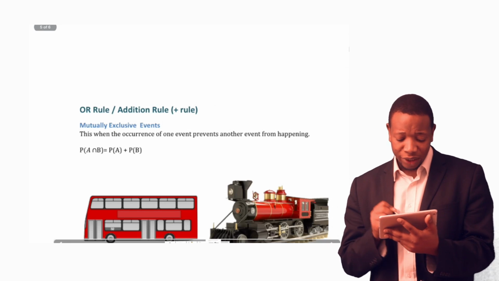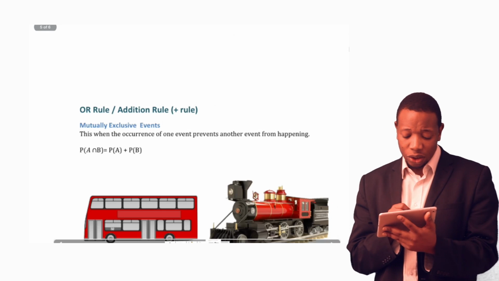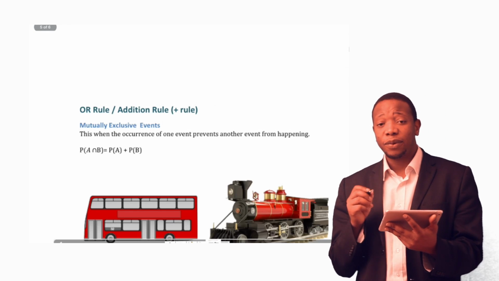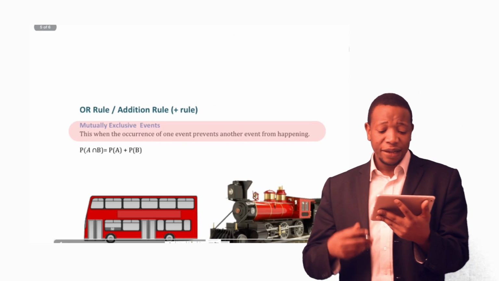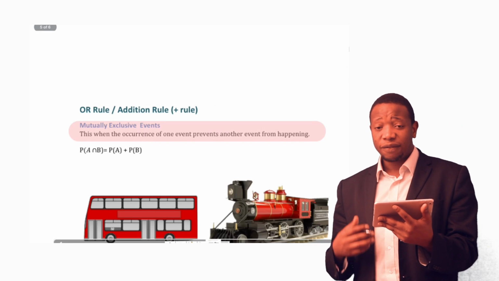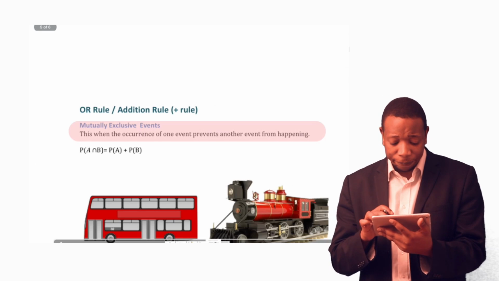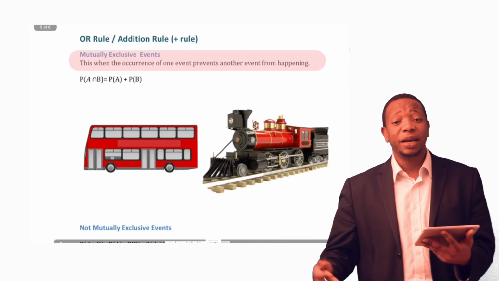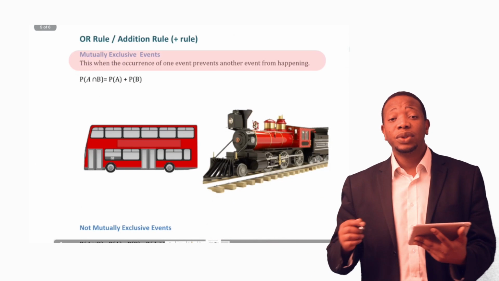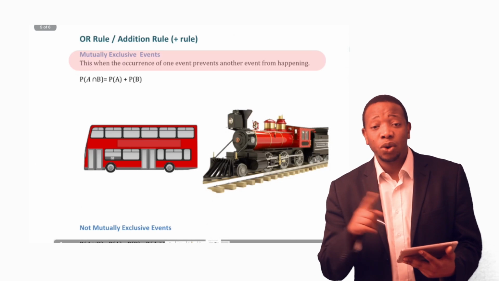What do we mean by mutually exclusive? Mutually exclusive events are events which prevent each other from occurring. So it says here, this is when the occurrence of one event prevents another event from happening. For example, here I've put an example of the bus and the train. So let's say we're keeping that example of going to town. For you to get to town, maybe you need to get the train or you need to get the bus, but you cannot be on both of them.